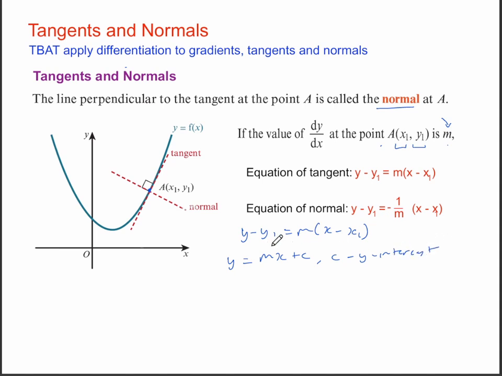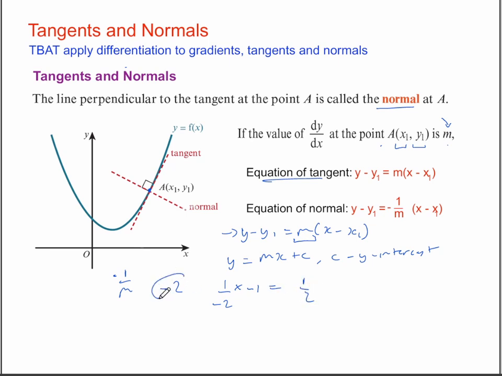If that's the case with the tangent, then the equation of the normal from this method will be the exact same, just that the gradient will now be negative 1 over m. So the reciprocal of the original gradient times negative 1. If the original gradient was negative 2, then we make it a reciprocal, 1 over negative 2, then we multiply by negative 1. We get 1 over 2.